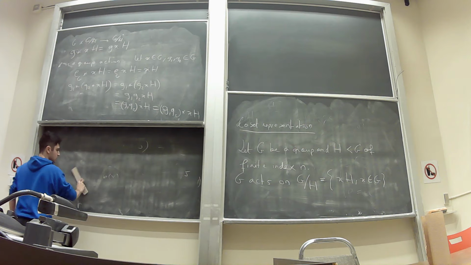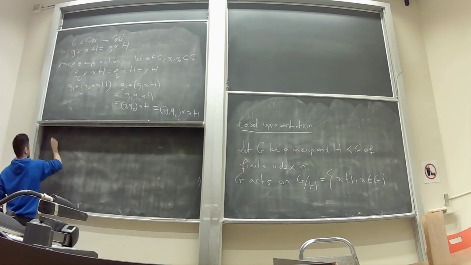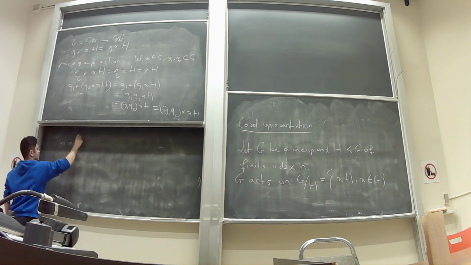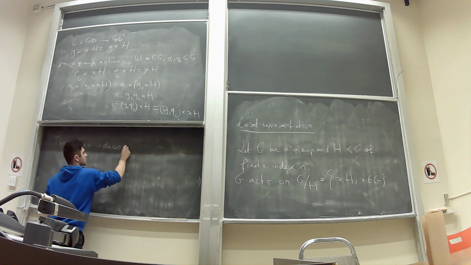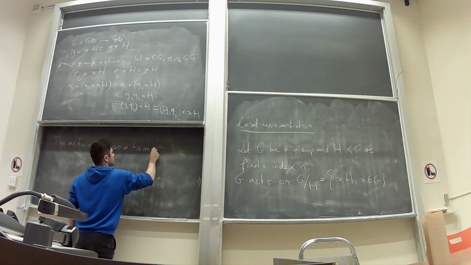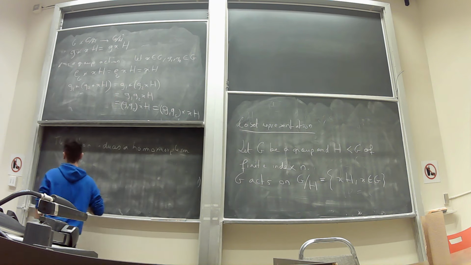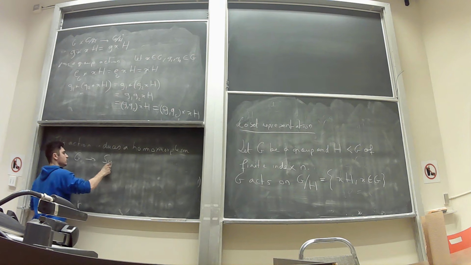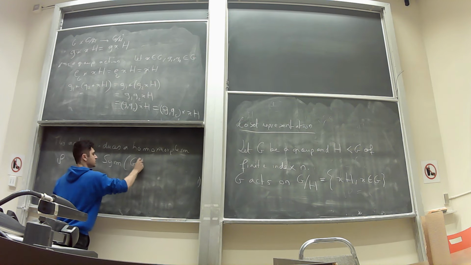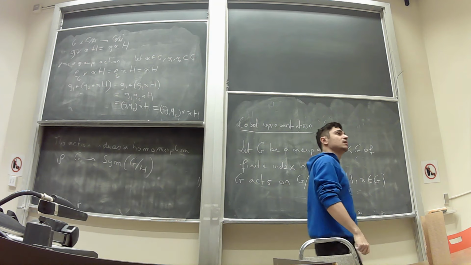This action induces a homomorphism rho from G to the symmetry group on G mod H, the set of bijections from G mod H to itself.